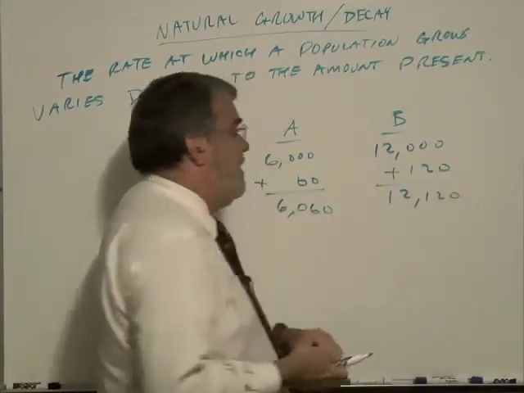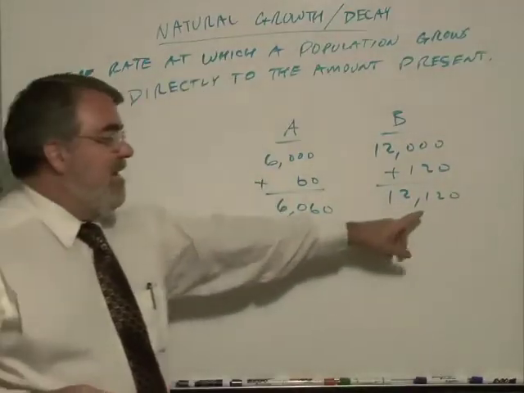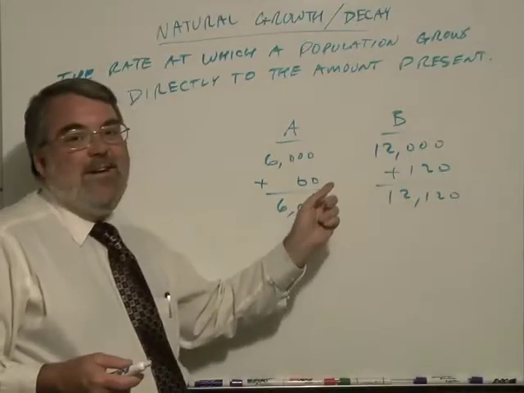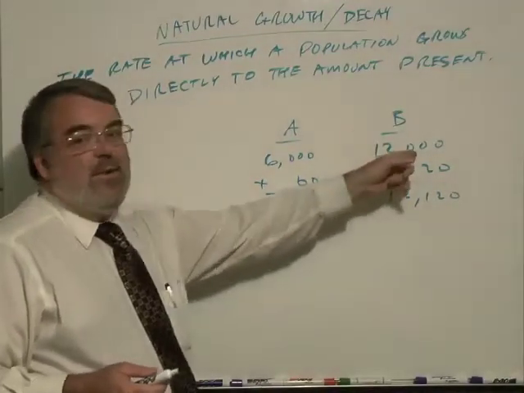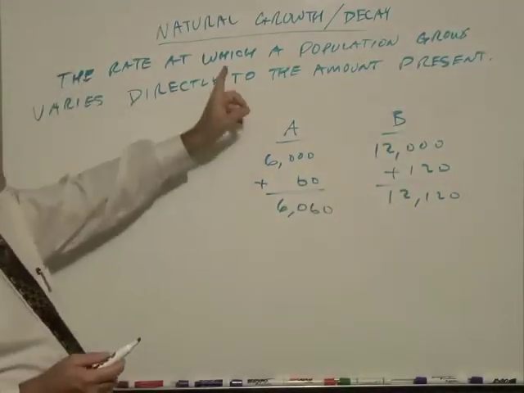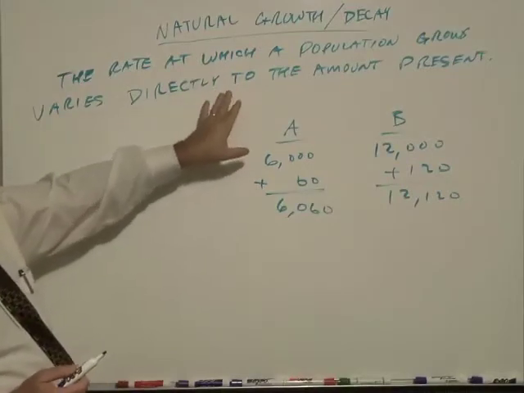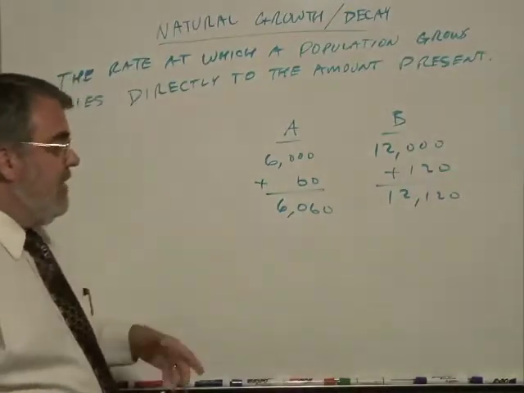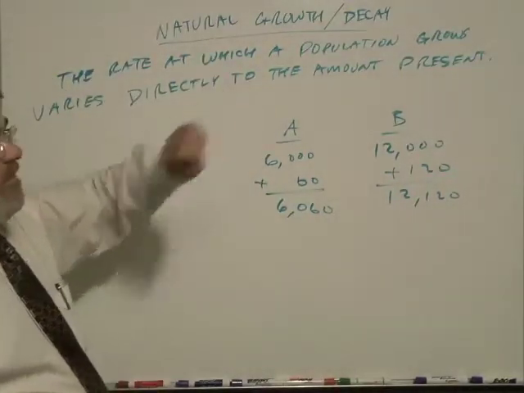So you can see that the amount in town B is growing at twice the rate as town A. And it has twice as many people, so that's why I say the rate varies directly to the amount that's present. So that's a simple example explaining this relationship.